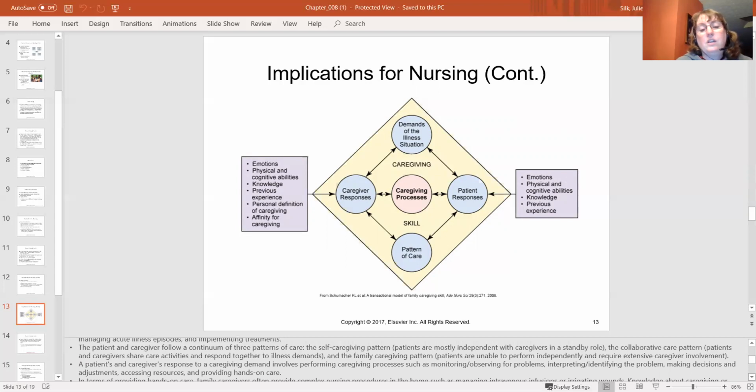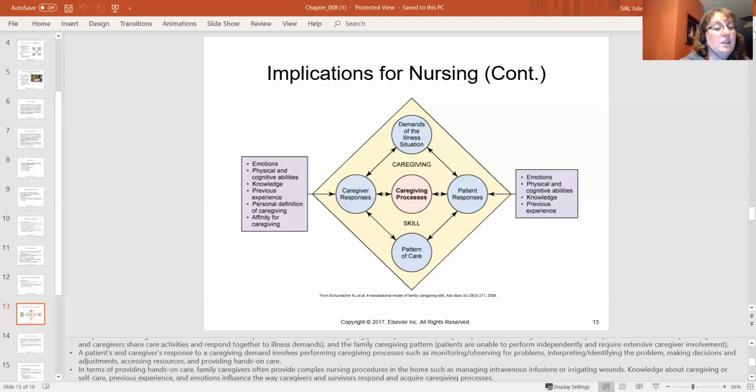And the family caregiving pattern, where patients are unable to perform independently and require extensive caregiver involvement. A patient's and caregiver's response to a caregiving demand involves performing caregiving processes such as monitoring and observing for problems, interpreting, identifying the problem, and making decisions and adjustments, accepting resources and providing hands-on care.